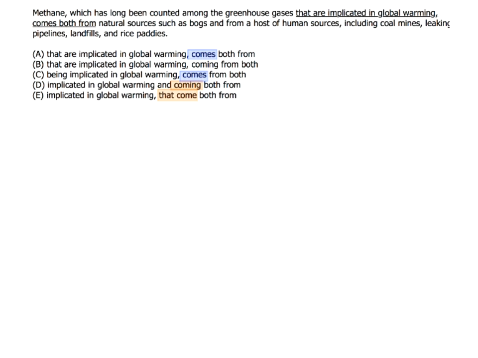All right. Methane is going to be the subject of this sentence, right? And then which blah, blah, blah. And notice right now we are only thinking about overall structure. We are not also simultaneously thinking about other things. That's the other thing that gives people continuous issues with sentence correction: they get distracted constantly.